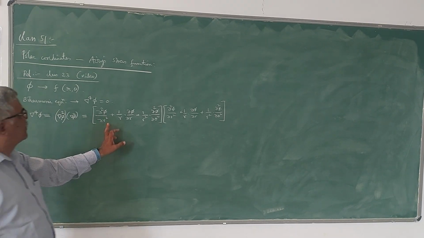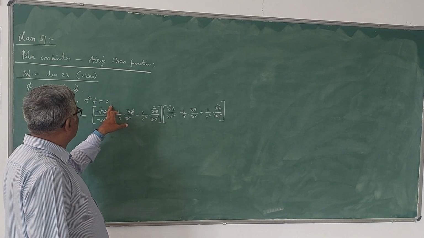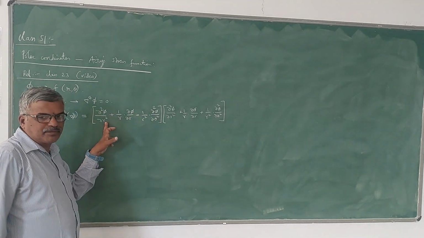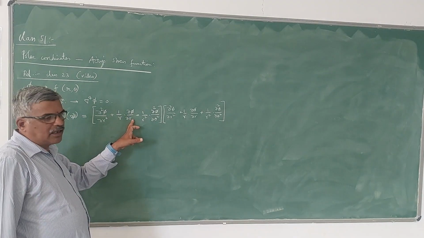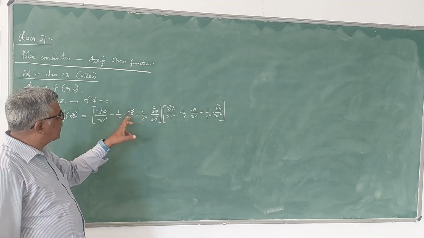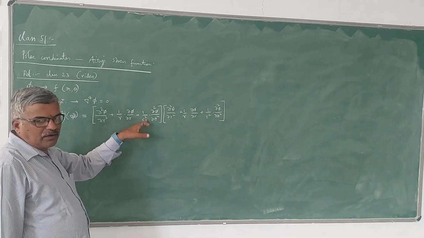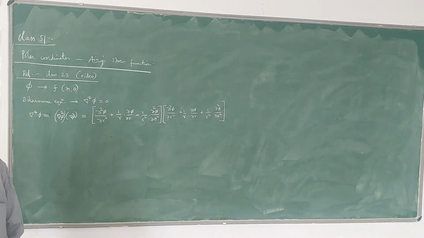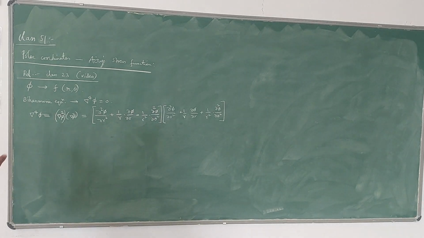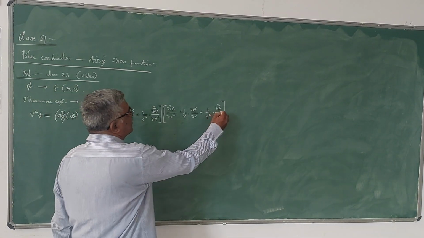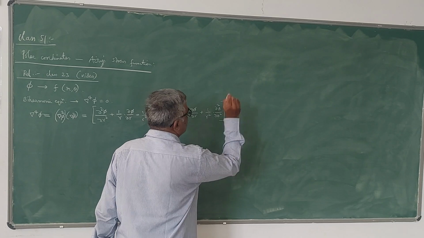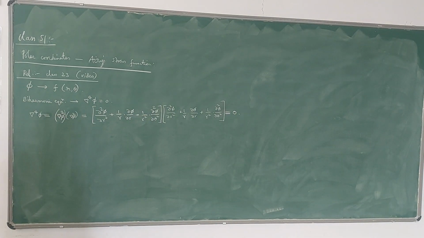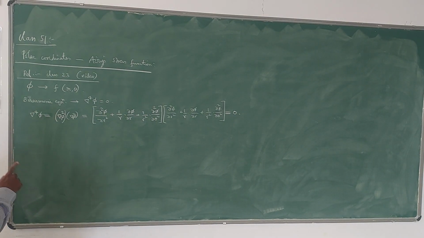These two are same. So first thing you have to take second derivative with respect to r. Second term you have to take only first derivative with respect to r along with 1 by r. Third term, 1 by r square will be the second derivative with respect to theta. So the equation is this should be equal to 0, this is the biharmonic equation.